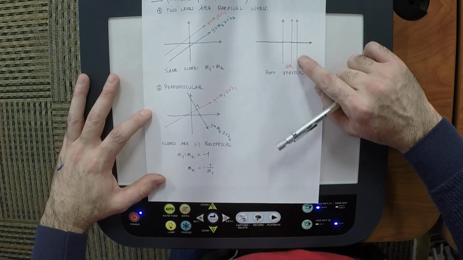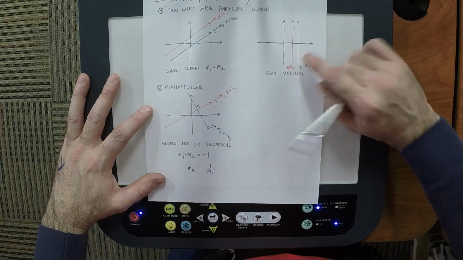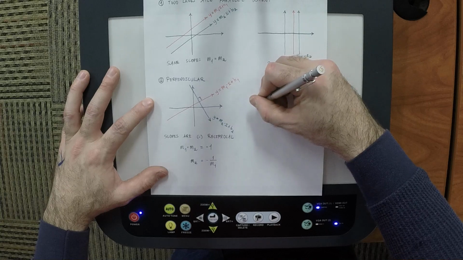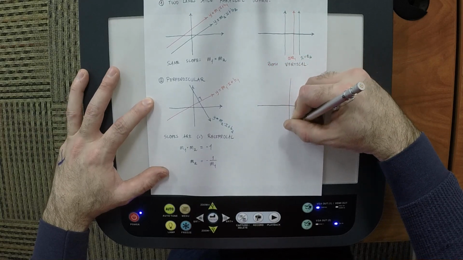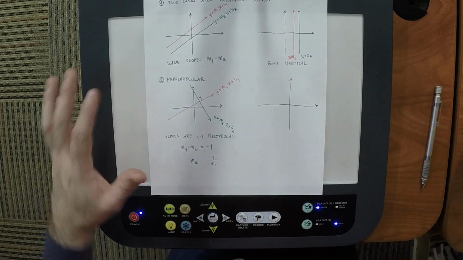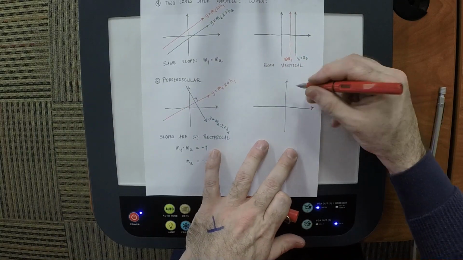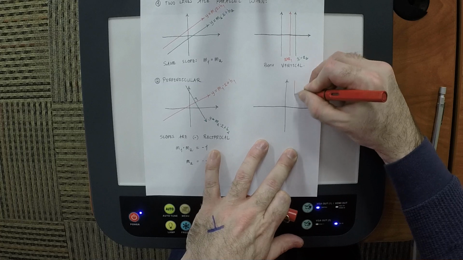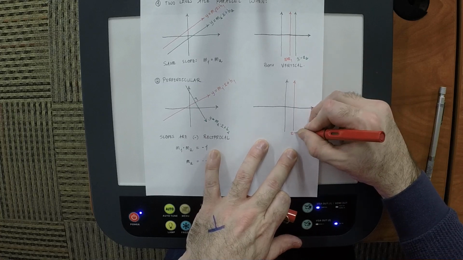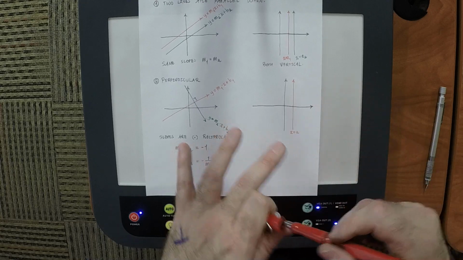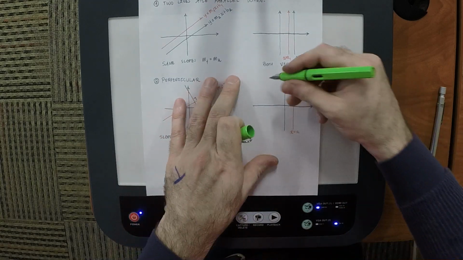Just like this one was a, oh yeah, I guess that's a possibility. Here's the other one. It could be the case that one of the lines is vertical, like x = a, and the other line is horizontal.